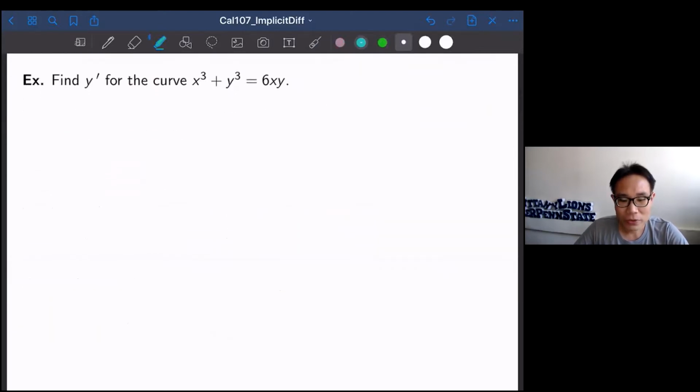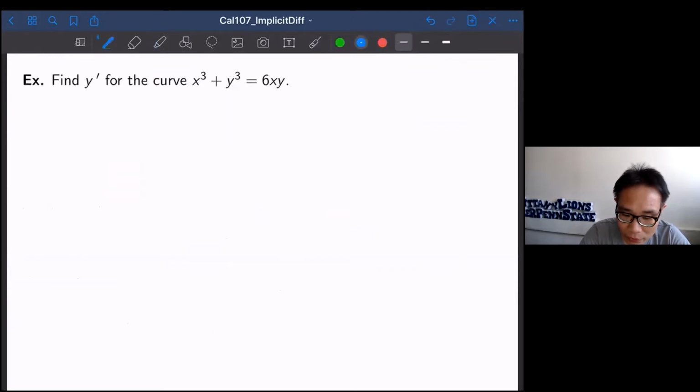Okay, so you'd like to find y prime given x cubed plus y cubed equals 6xy. In this case, you have to differentiate the whole thing.